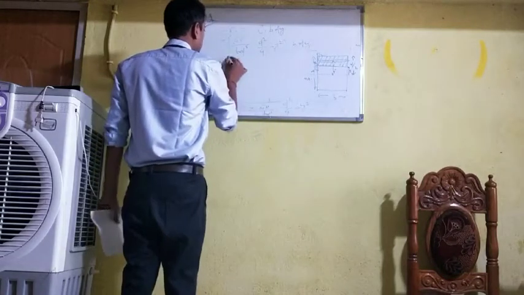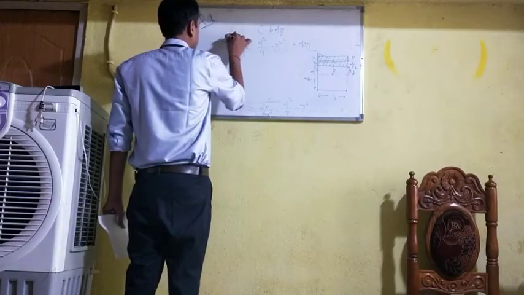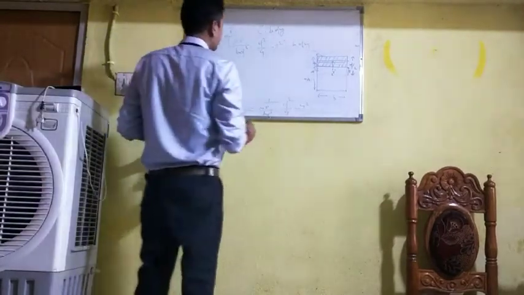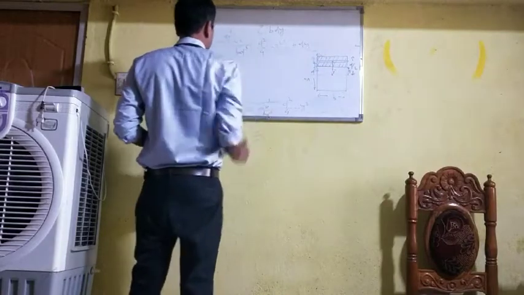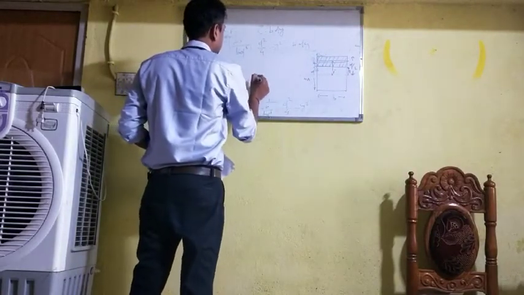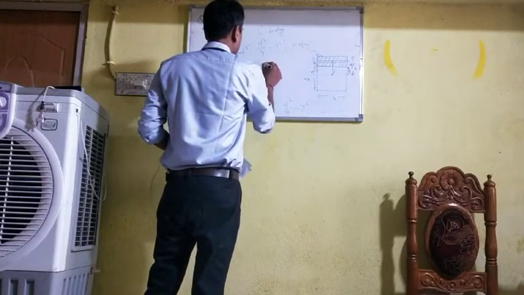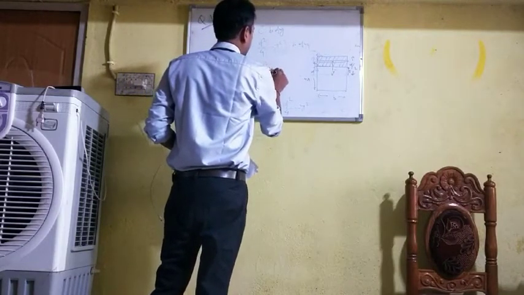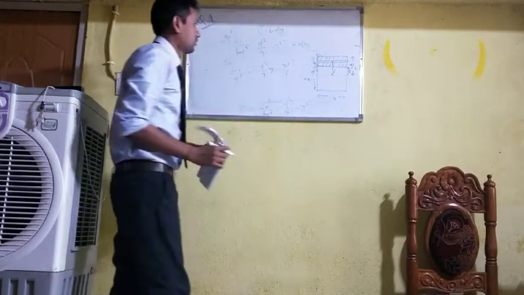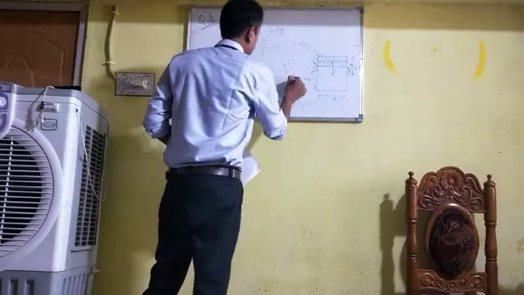So we have to integrate it from d by 6 to d by 2. Okay. So this b and this b getting cancelled. So this will be equal to 6V upon d cube into d square upon 4 y minus y cube upon 3. And the limit will be d by 6 to d by 2.